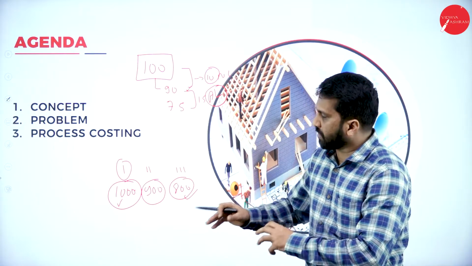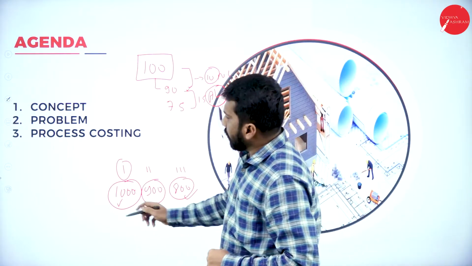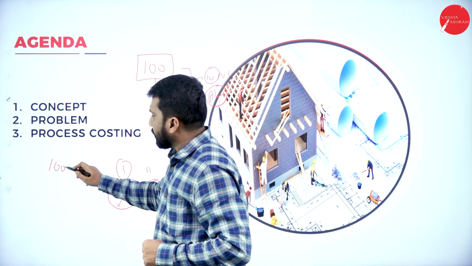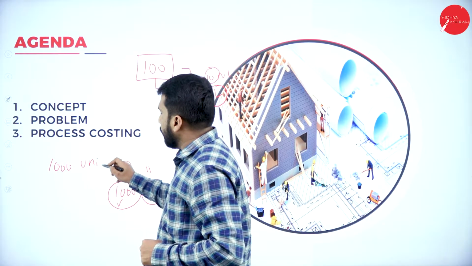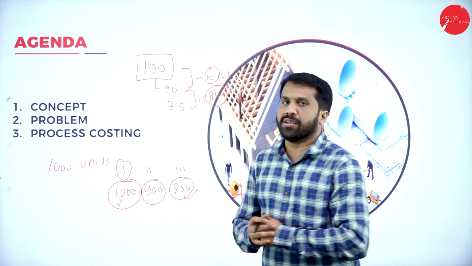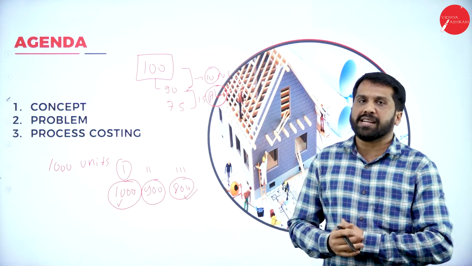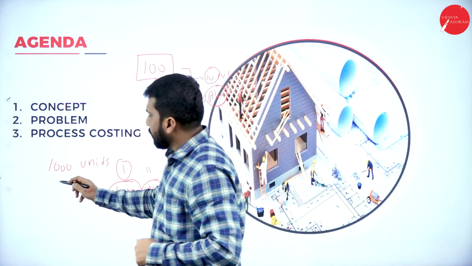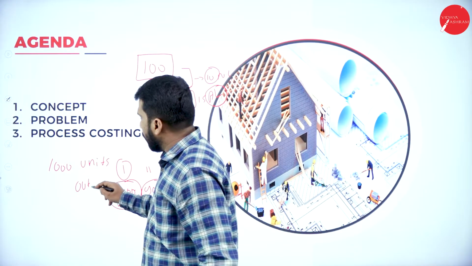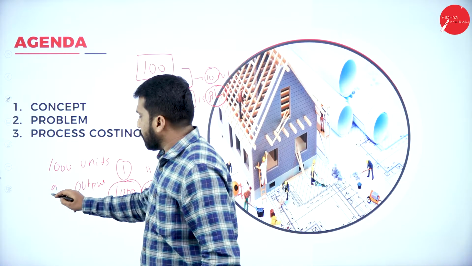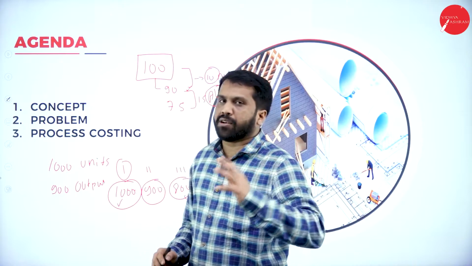Now you come to process costing. Your input is 1000 units. What is your expectation? Your output must be 900 units after doing all the process.